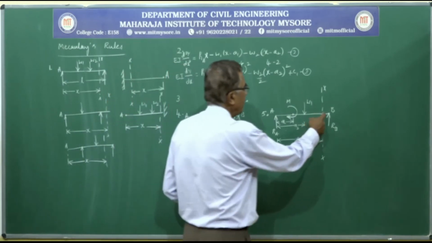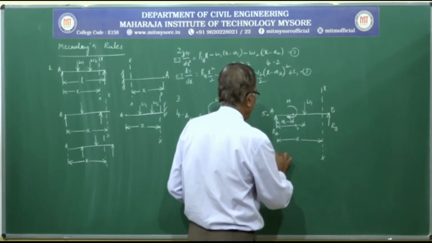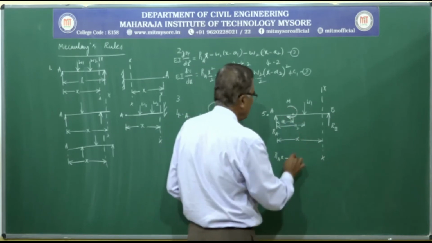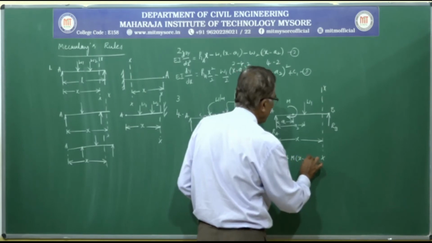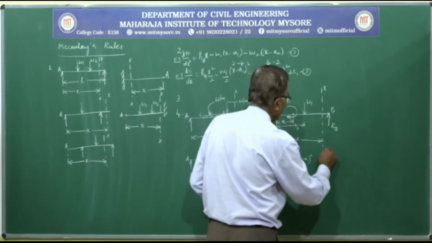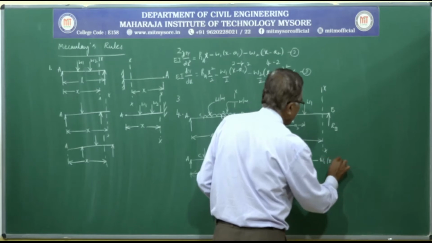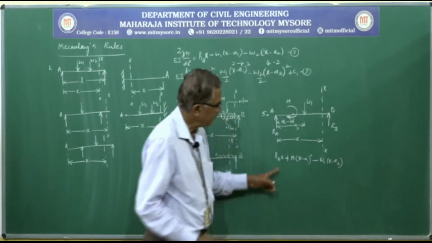Say for example, while writing a moment equation here: RA into x, and it's a clockwise moment, plus M into x minus A1 raised to the power of 0, minus W1 into x minus A2. So this is the pattern equation.